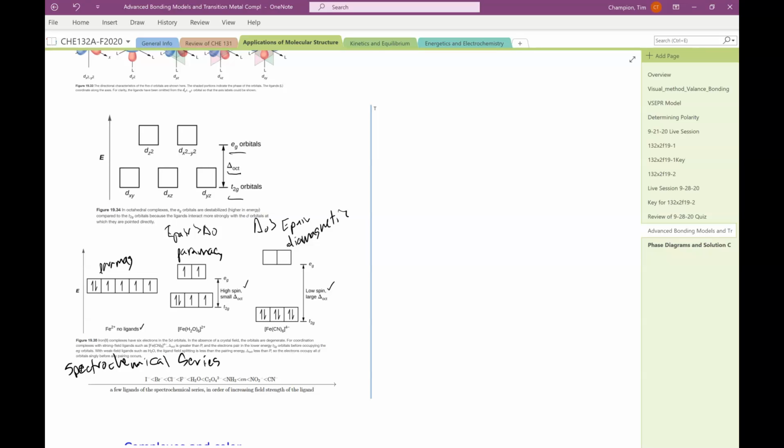What this suggests is that the most intense light that's absorbed, and which light passes through, changes as we do those. We talk about these as having high or low field strength. The high field strength gives us the big splitting and low spin, and the lower field strength can give us the smaller splitting and thus higher spin.